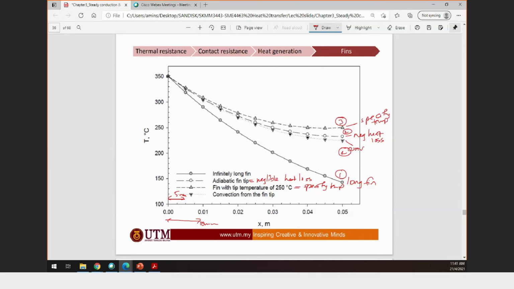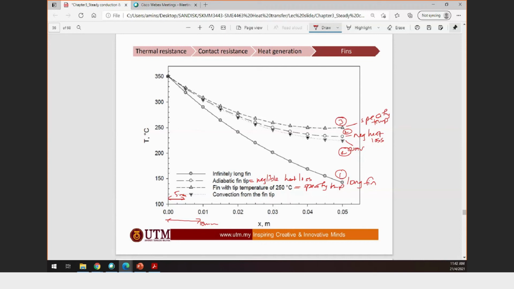Okay, however, cases 2, 3, and 4 are more reliable in terms of the final answer, since the temperature distribution across the fin is very close at each point. Of course, for case number 2, you may neglect the heat loss if the area is very small, but if the area is significantly large compared to the total area of the fin, you may need to remove case 2.